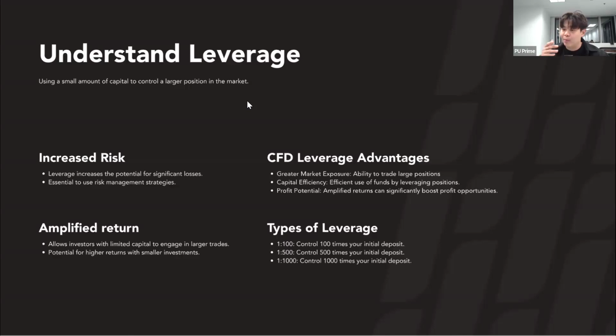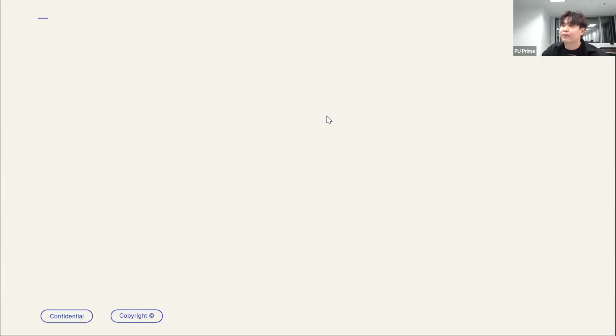It's like buying a house: the house is around 500,000, and you need to pay a 10% down payment, so around 50,000. Then the bank lends you 450,000, and that's why you can purchase your house. This is the logic of leverage. So in the CFD industry, leverage is why you are able to trade different types of asset classes. Later, I will walk you through the importance of leverage.